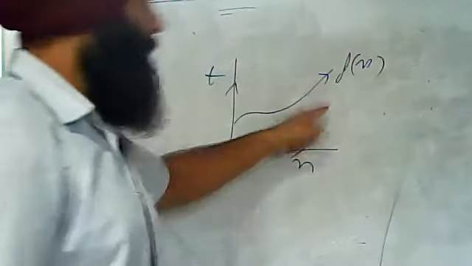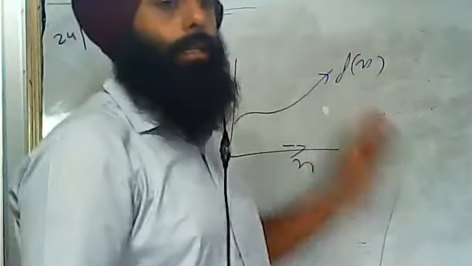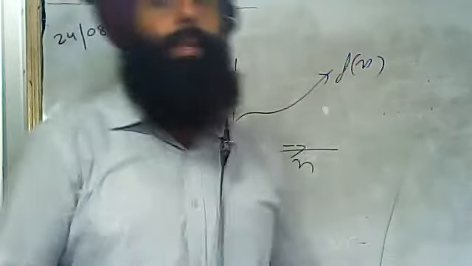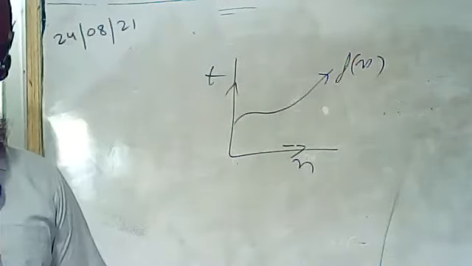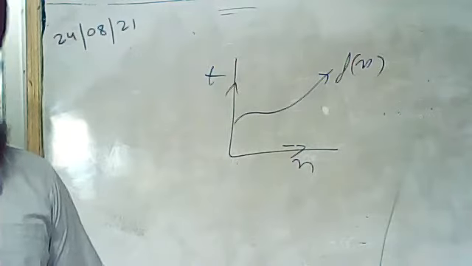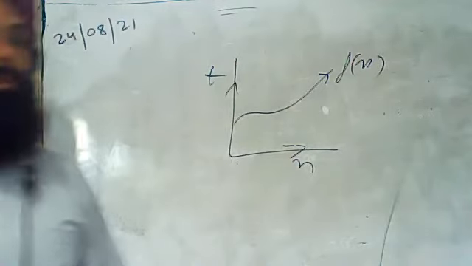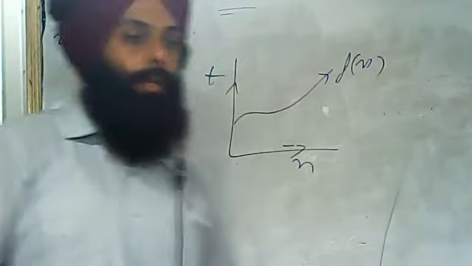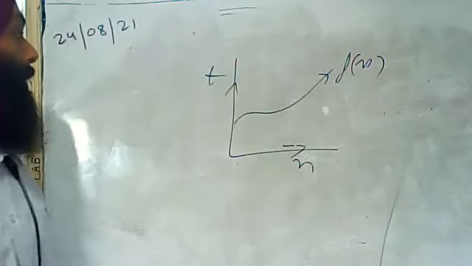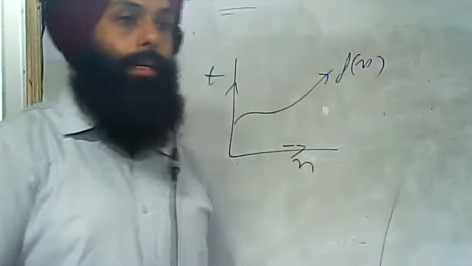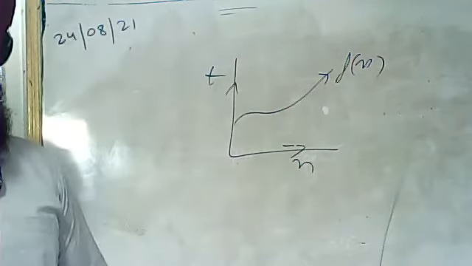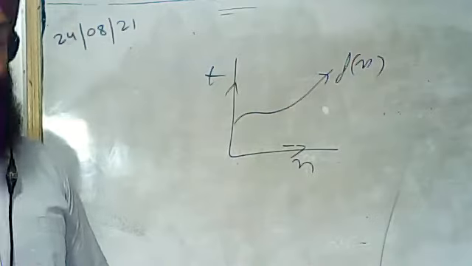But actually, it is not the exact time taken by the algorithm. It is the number of iterations actually, or we can say it is the approximation time taken by an algorithm. It is an approximation time. So we'll see how to find an approximate time taken by an algorithm.